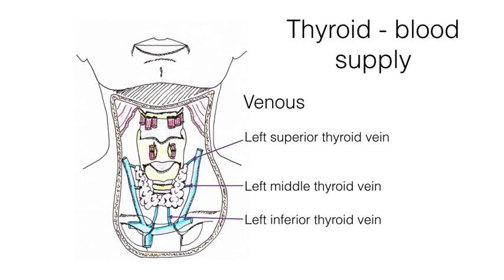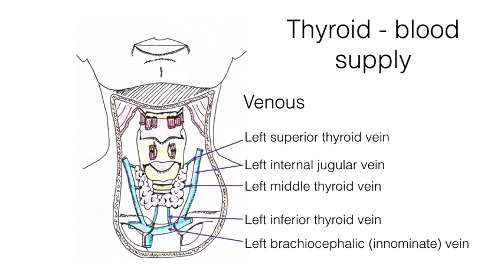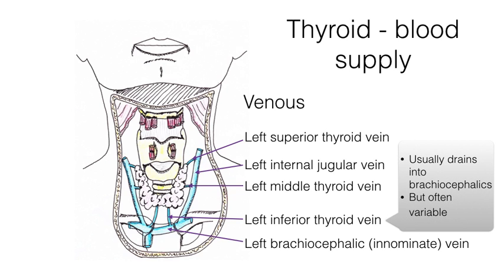The superior and middle thyroid veins drain into the internal jugular vein, and the inferior thyroid vein drains into the brachiocephalic or innominate vein. It's important to note that although the inferior thyroid veins usually drain into the brachiocephalic veins, this is often not the case, and their course can be quite variable. Sometimes it can be a single vessel, or even a network of vessels lying across the anterior surface of the trachea.